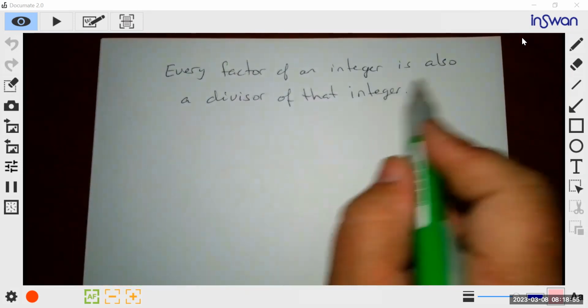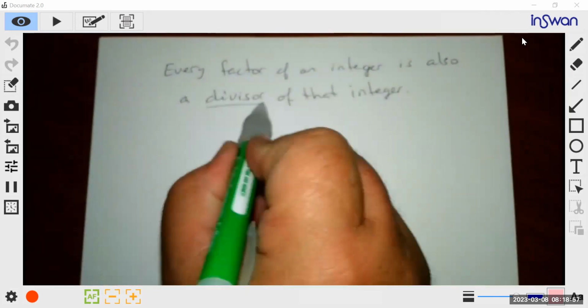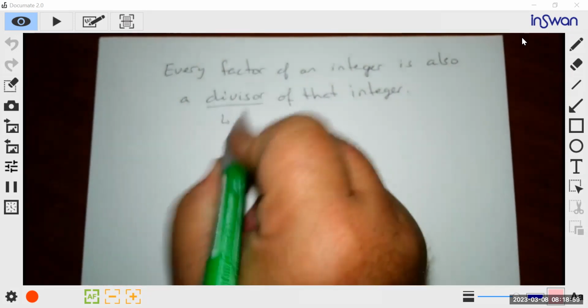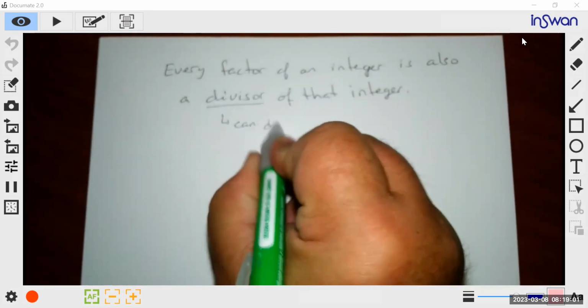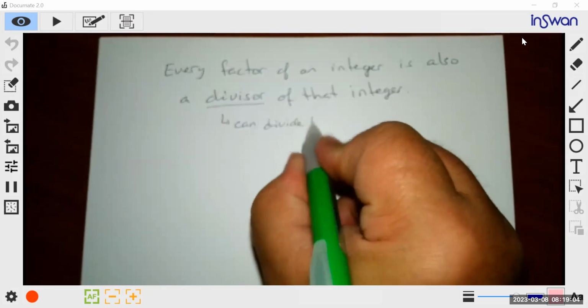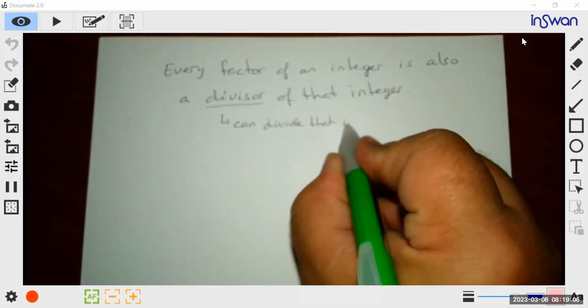Every factor of an integer is also a divisor of that. So divisor means it can divide that integer.